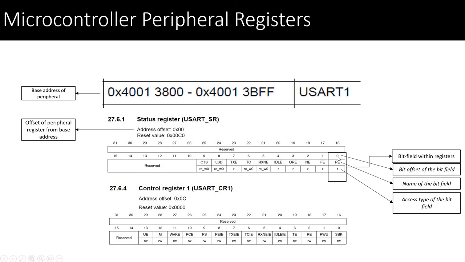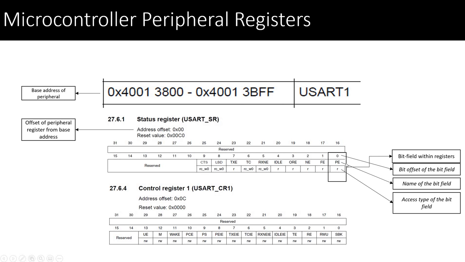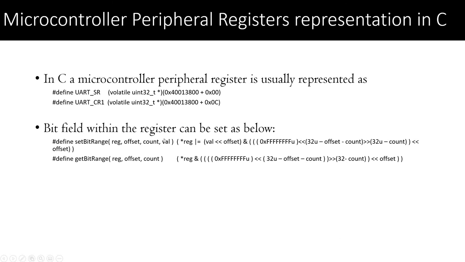The offset for the PE bit field is 0, then you have count, which is the width of the bit field. For PE it's just 1 bit, and then the value you need to write at that bit range. Similarly, get bit range returns the value currently set at that bit range. So these are the macros, and this is how we program a certain register's bit fields in C.